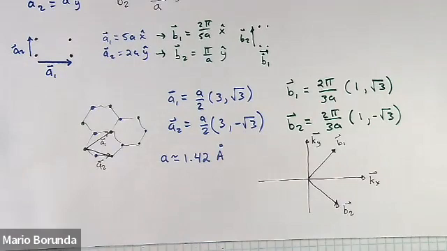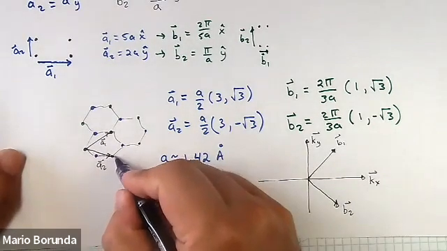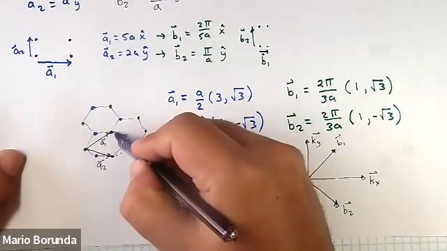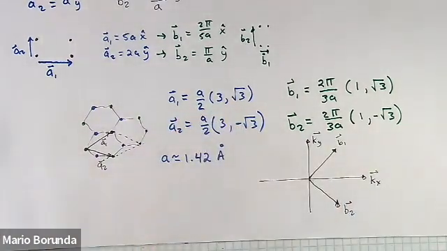So let me grab these two guys and complete the unit cell. Over here, this is my unit cell, right? At this point, I just took this vector, put it up here, this vector, put it down here, and you see this is my unit cell.